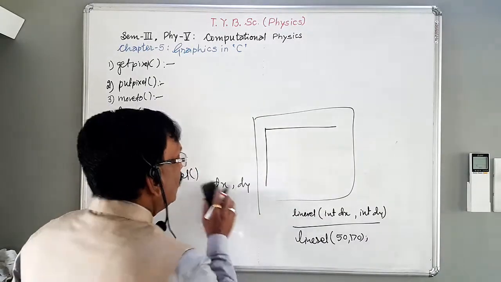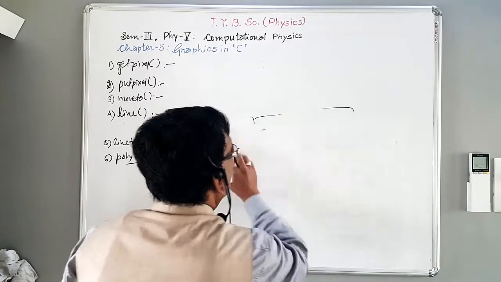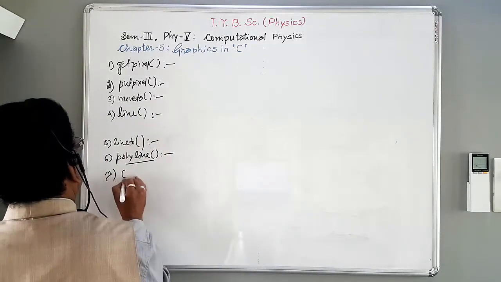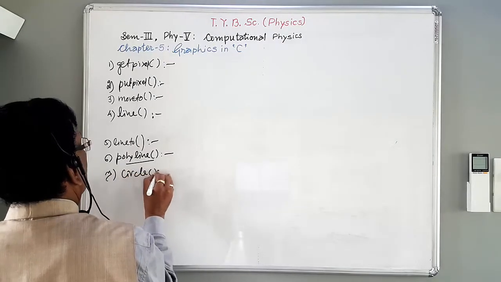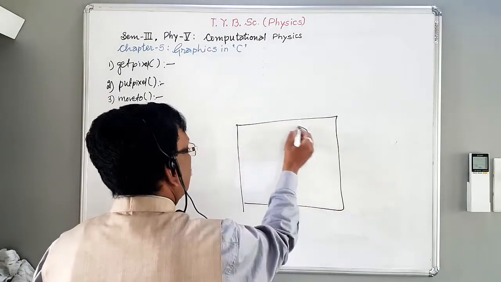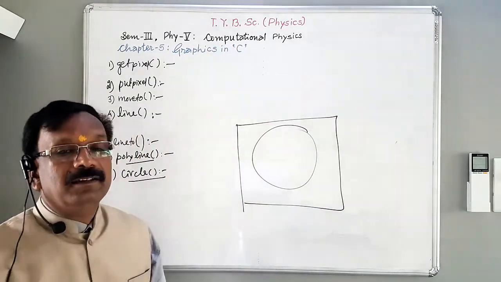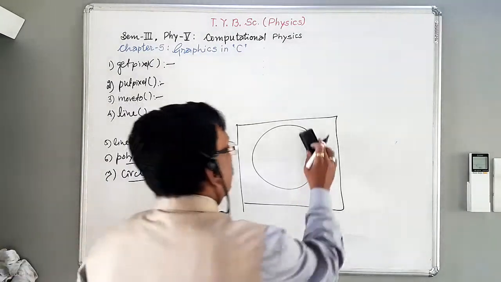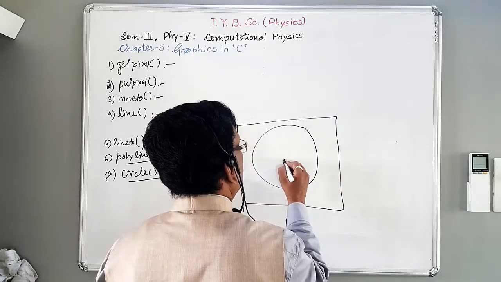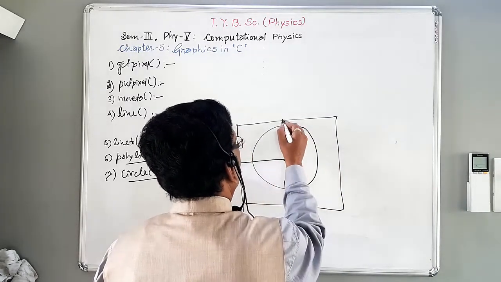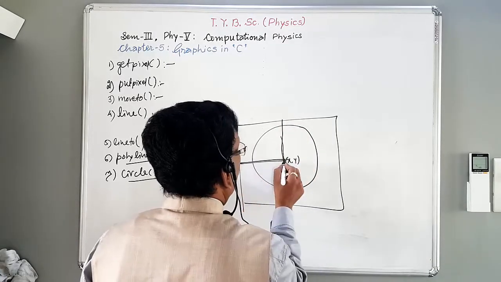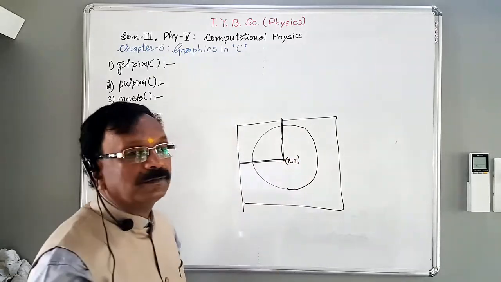Now, the next command, which is very important, is command number 7, circle. If this is the computer screen, and on this computer screen we want to draw a circle, then which things are important? First of all, we should have the origin of the circle. For that purpose, we have to give the x coordinate and y coordinate for the circle.